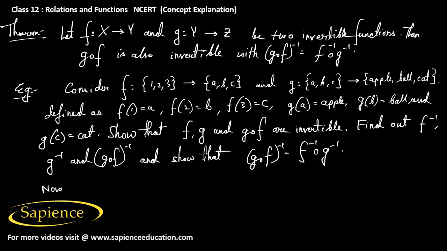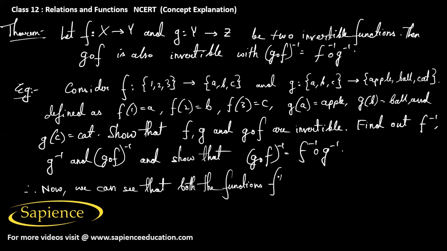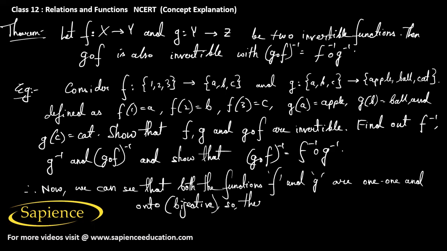So now we can see that both the functions f and g are one-one and onto. It means they are bijective functions. So they are invertible also.